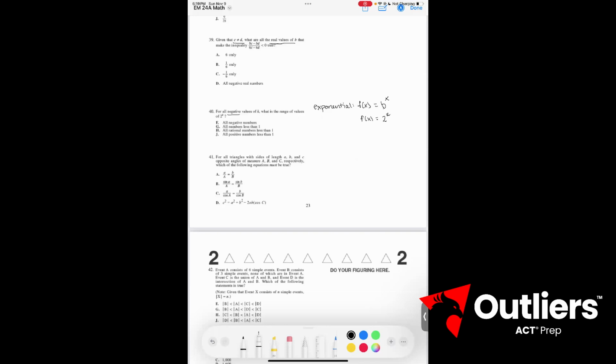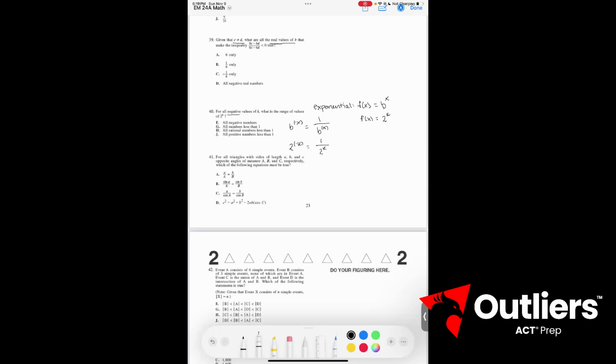So the first thing to know about exponentials is that if they are raised to a negative power, so if we have b to a negative x, this is the same as having 1 over b to a positive x. So we can do this for our function too. If we have 2 to the negative k, that is the same as having 1 over 2 to the k.